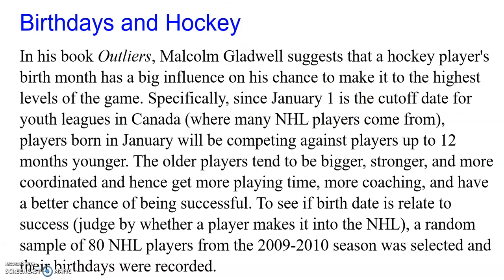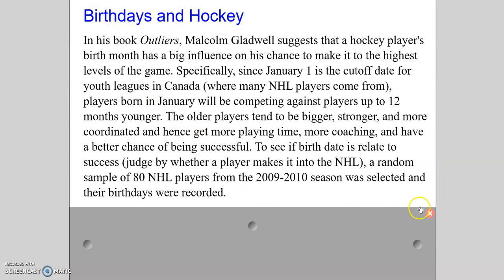Let's take a look at another example here that I'd like you to try. This is one that I think is very interesting. So in his book Outliers, Malcolm Gladwell suggests that a hockey player's birth month actually has a big influence on his chance to make it to the highest levels of the game.